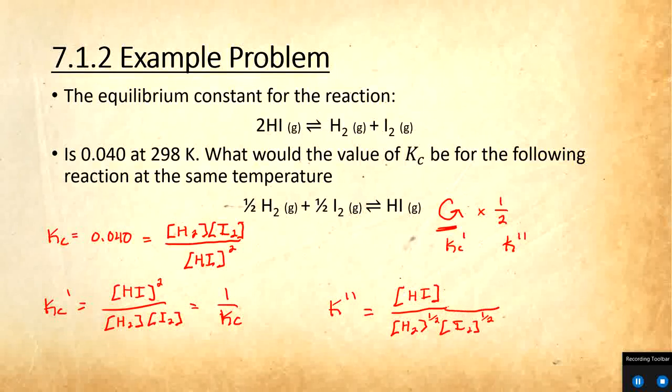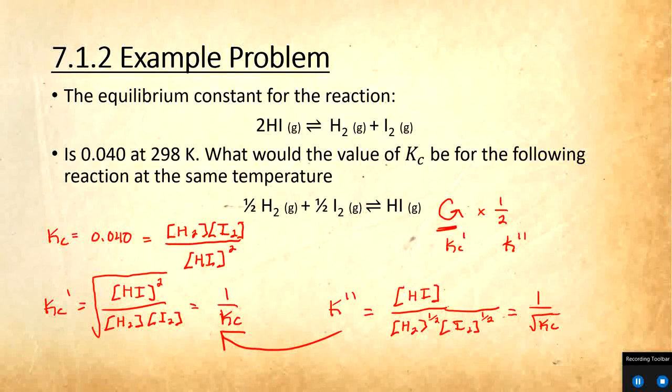So the equivalent of dividing our reaction by 2, what's happened in our equilibrium expression is it's actually the square root of our expression. So we've taken the square root. So our K would become 1 over the square root of our original equilibrium expression if we flipped it and multiplied by 1/2.